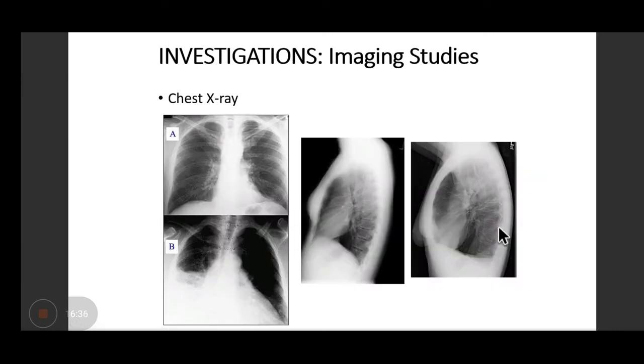When you do the investigations, these are chest X-ray films. As you can see, there is blunting of the borders of the lung wherever the fluid is accumulated. Can you see the pointer here? The fluid is accumulated here and there is blunting. The ends are not sharp.